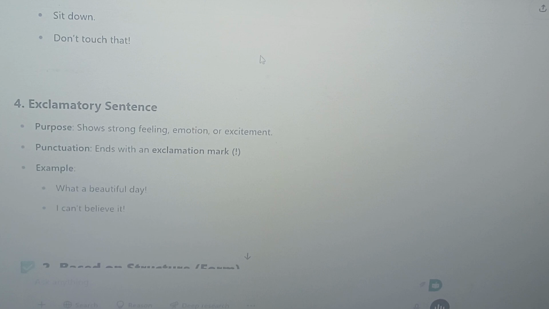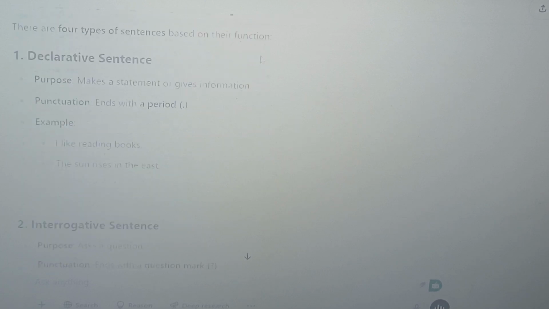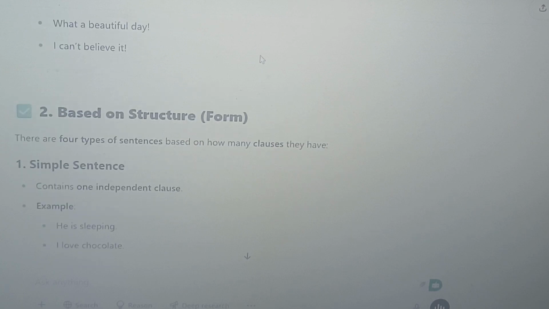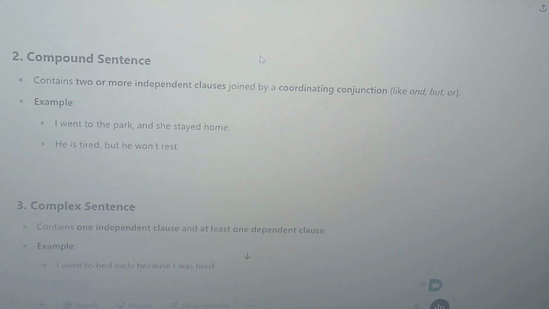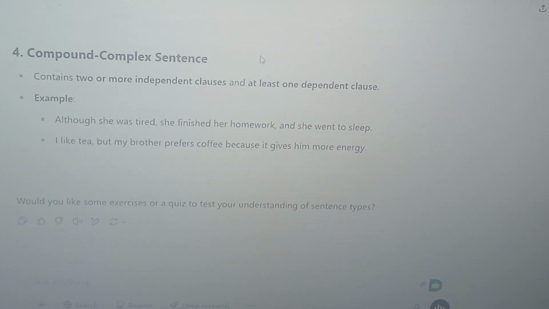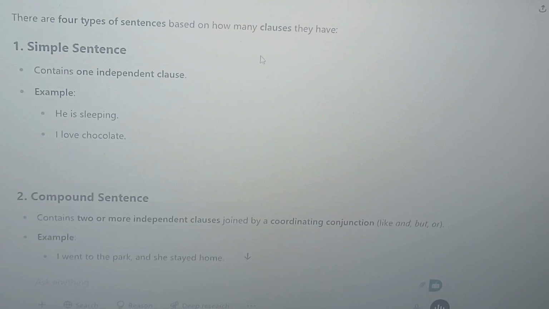And then on the basis of structure or form, there are four types of sentences: simple sentences, compound sentences, complex sentences, and compound-complex sentences. So let us look at what these are.